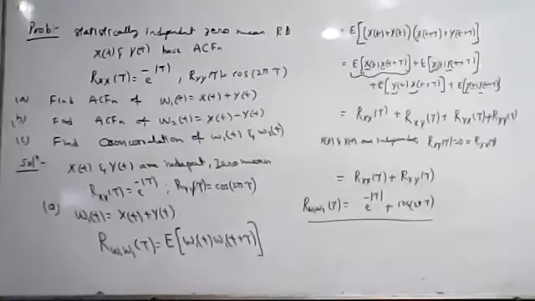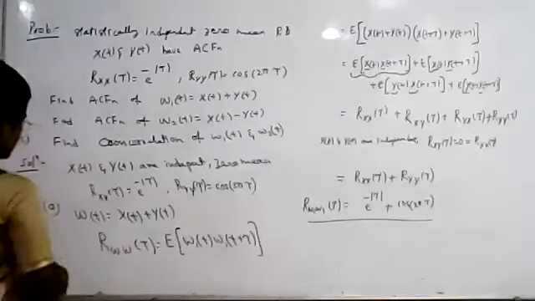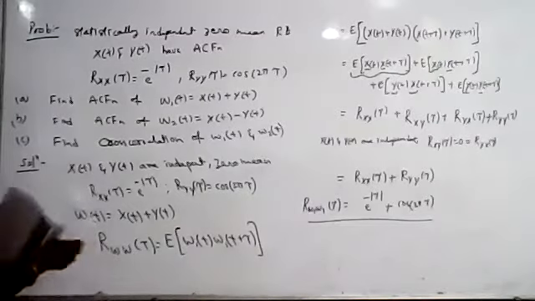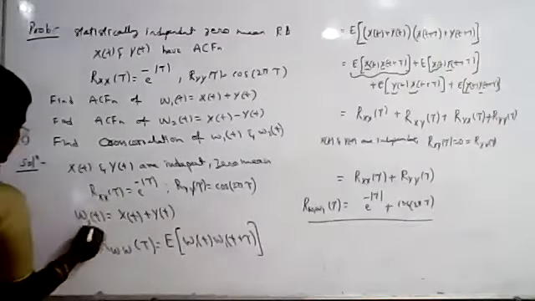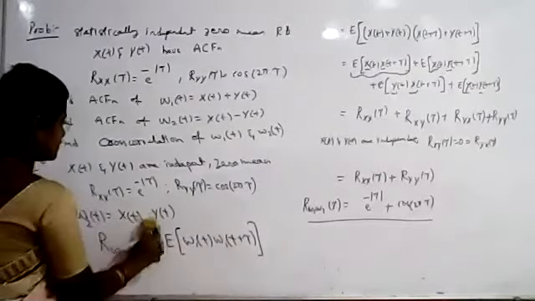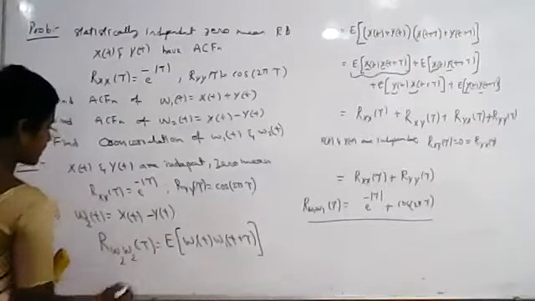Okay. So similarly, we do R omega 2 of tau. What is omega 2 here? Omega 2 is x of t minus y of t. So it is x of t minus y of t, for R omega 2 of tau.